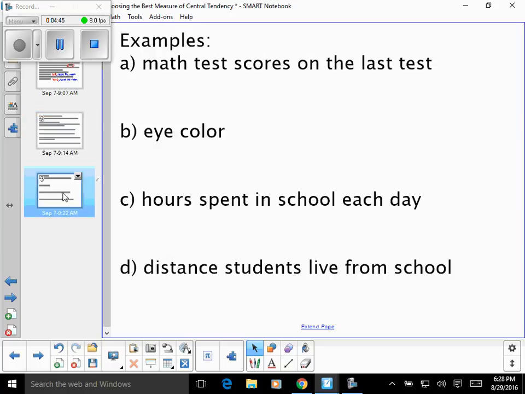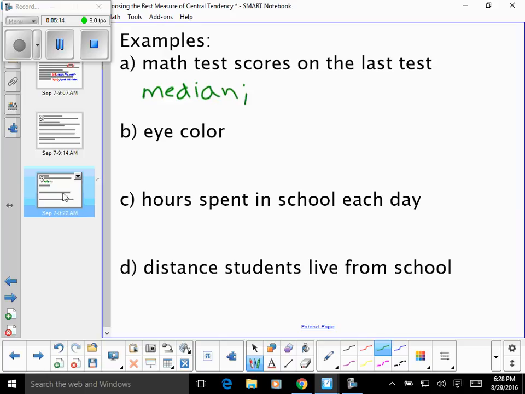Let's look at some examples. Wow, I guess I already gave you this one, didn't I? Because if you have the math test scores on the last test, is there a possibility that you could have someone who's really, really high or somebody who just really comes in with a very low score? Yes, that could be an outlier. So we are going to use the median.